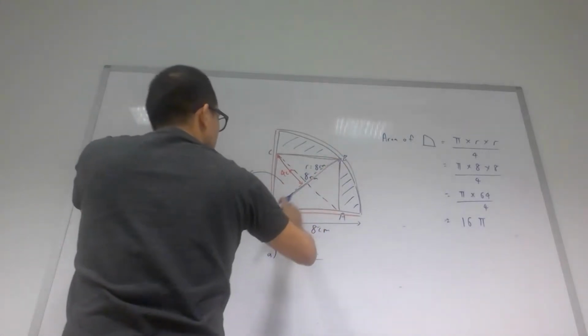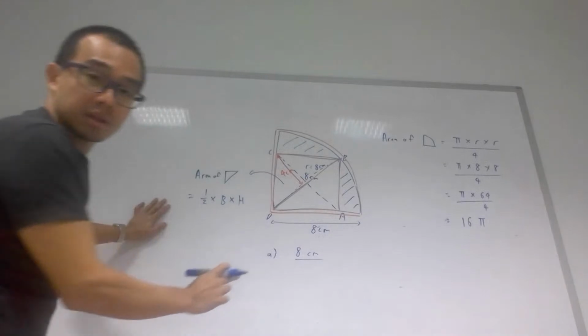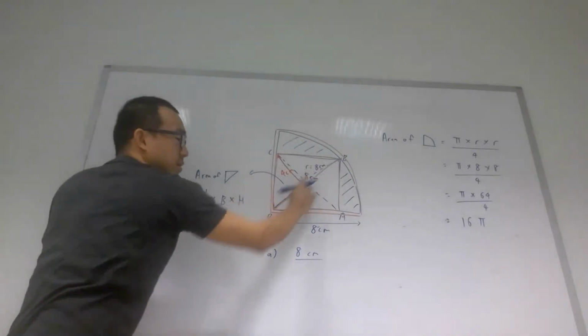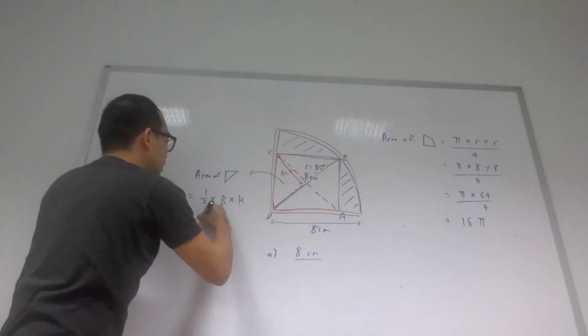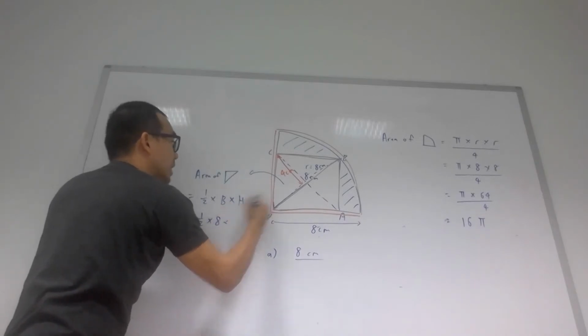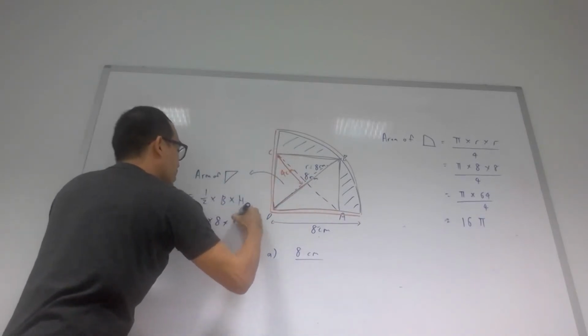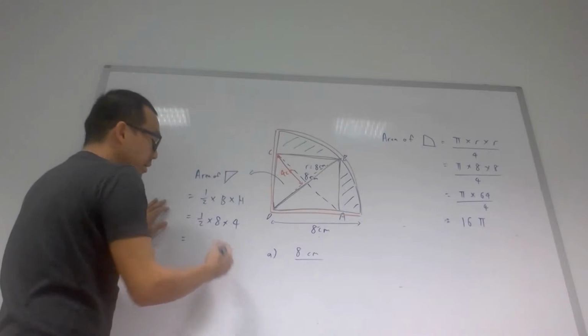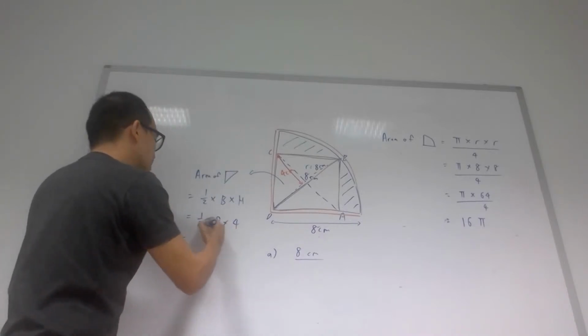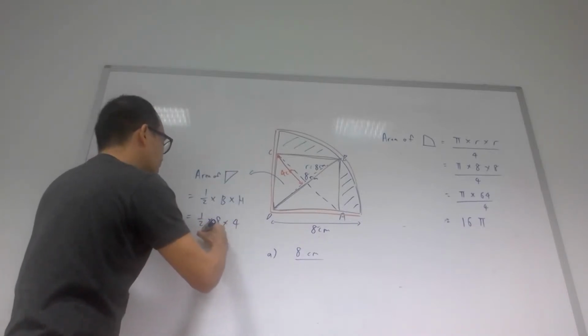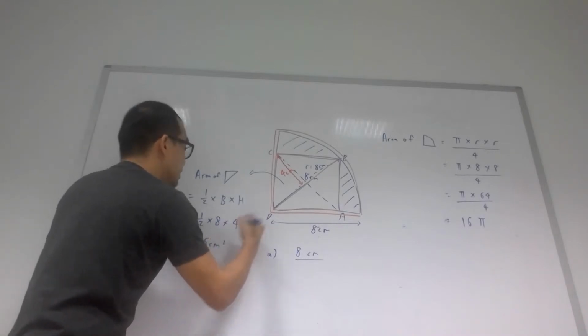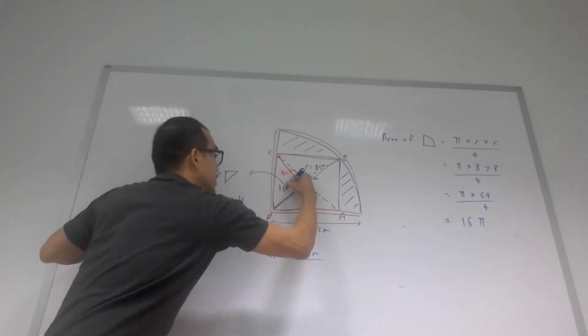Now what's the base? Base is 8 cm, half times 8. What's the height? 4 cm. So half times 8 is 4, and 4 times 4 is 16 square centimeters. So this is 16 square centimeters.